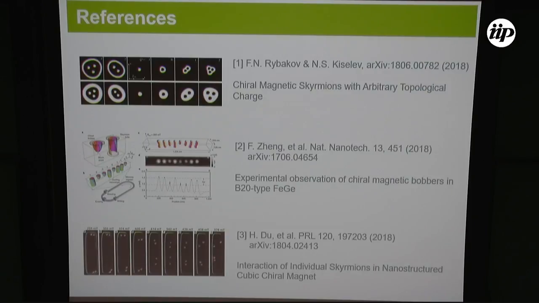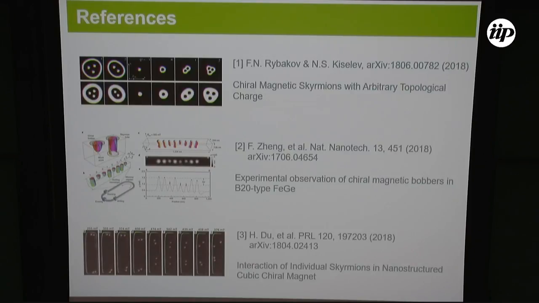The second one is a paper with a huge contribution from experimentalists, where we found chiral bobbers in experiments. So the chiral bobbers are no longer a theoretical particle-like state. It's real, and it was detected and measured very carefully.